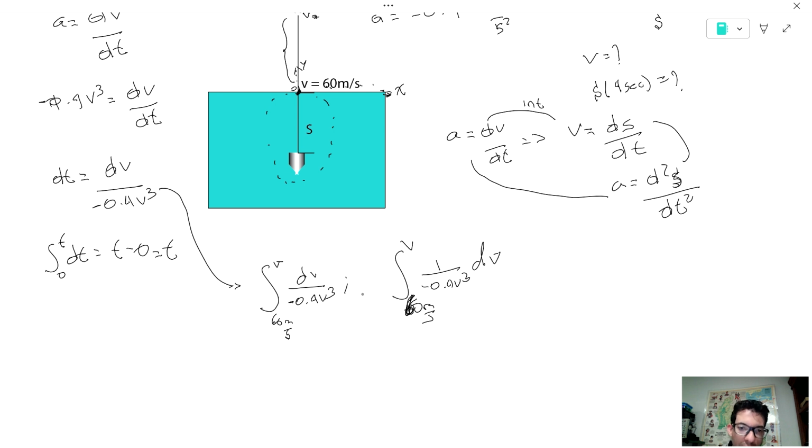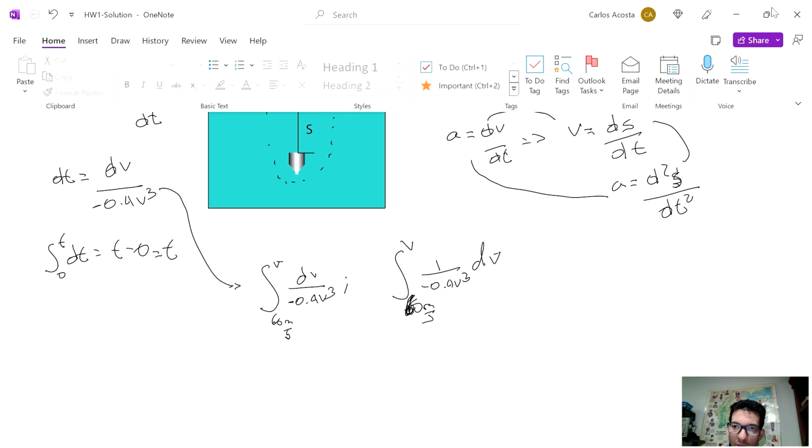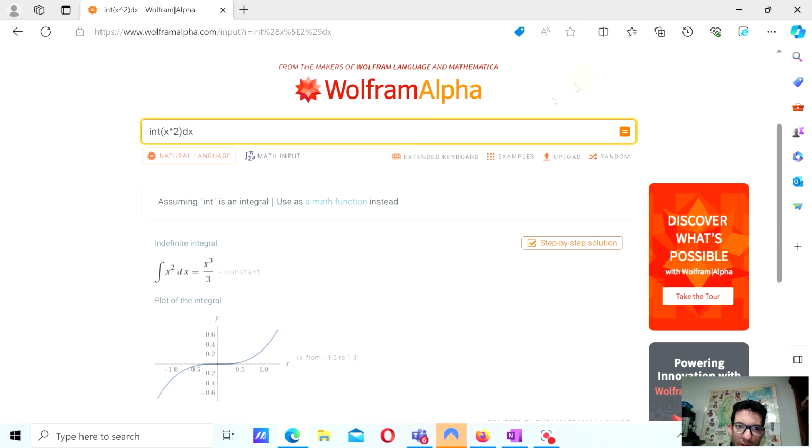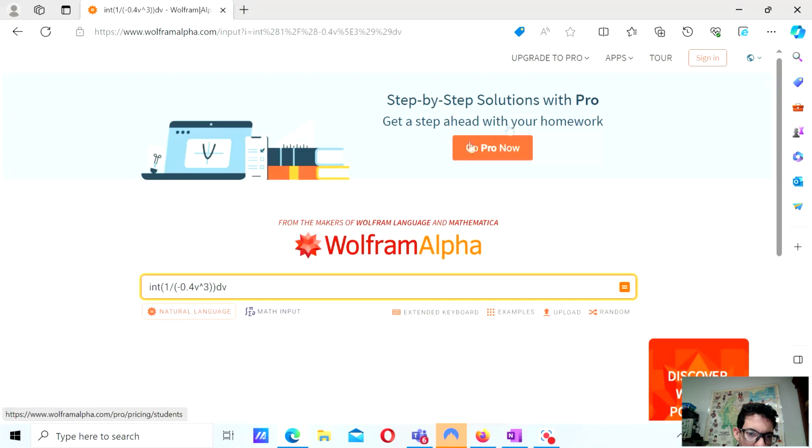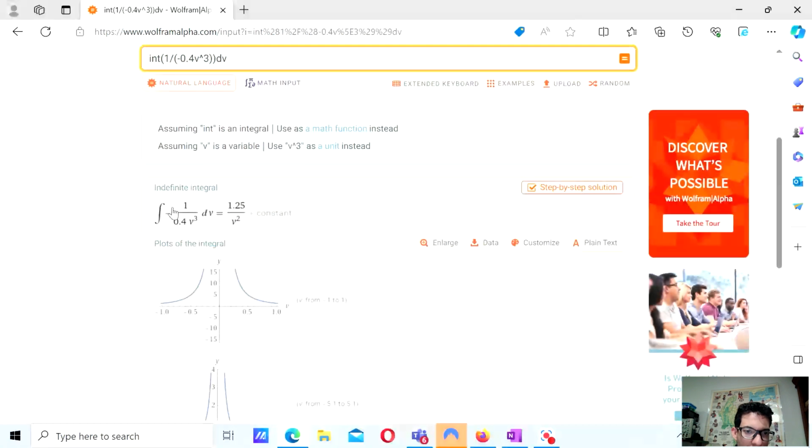All right, so this is where we can use Wolfram Alpha. If we go to Wolfram Alpha and say we want to integrate a function and the variable is v, and the function is 1 over 0.4 v to the third power. Let's see if I wrote it down correctly. Yeah, so this is what we're trying to integrate. Okay, good.